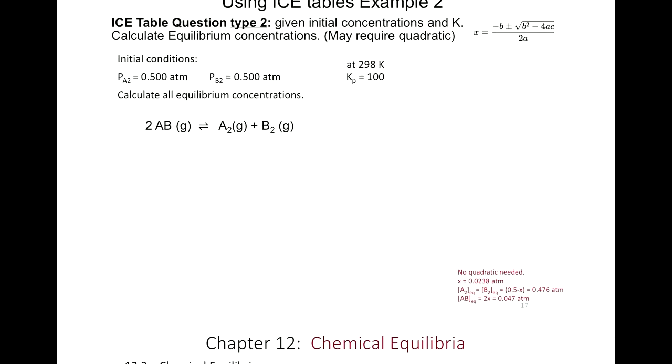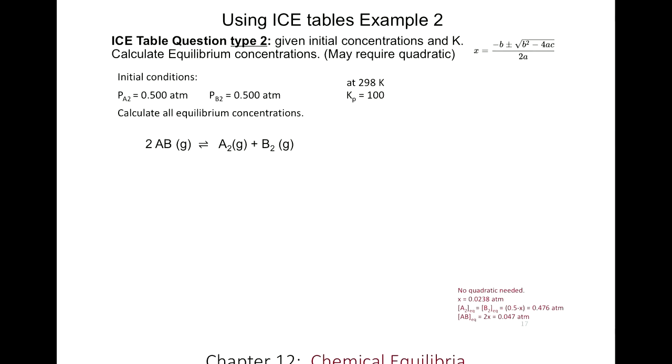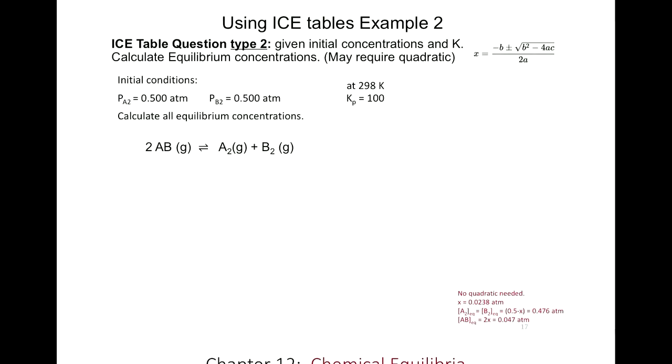All right, so let's do one more using a type 2 ICE table where I give you initial concentrations, I give you K, and I want you to calculate the equilibrium concentration. So fill in the things you know. So here is your reaction. Let's fill in the ICE table with the known values given.